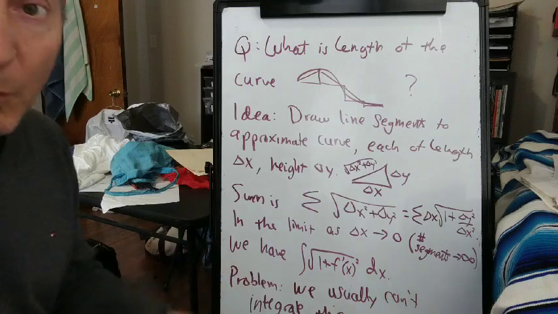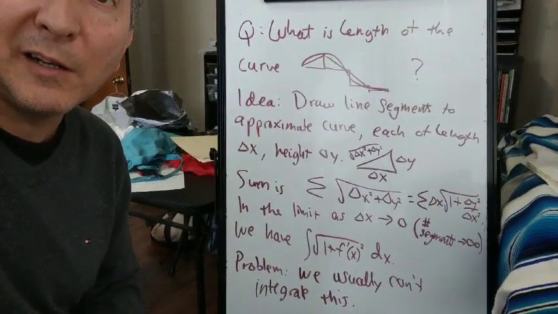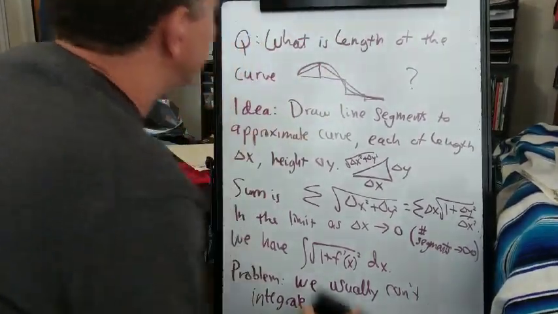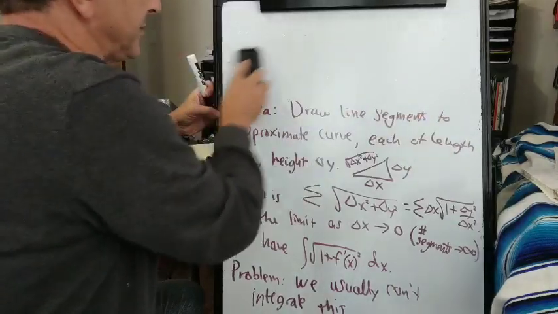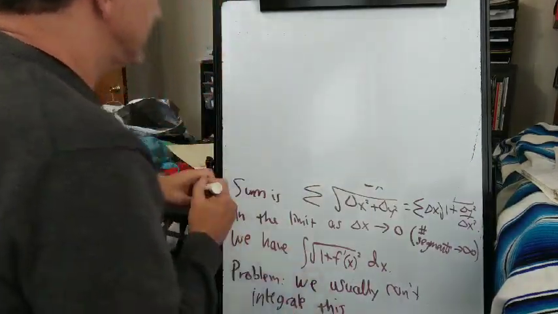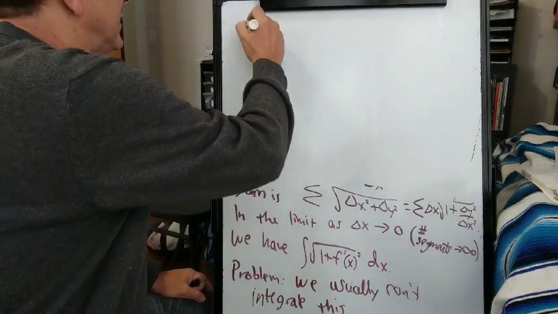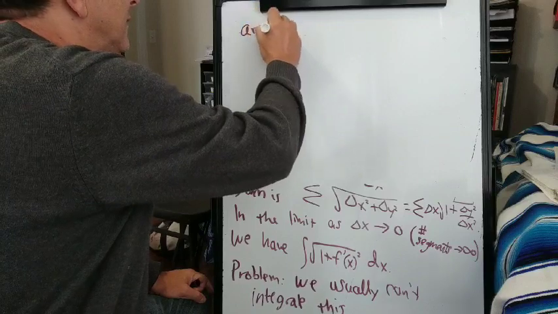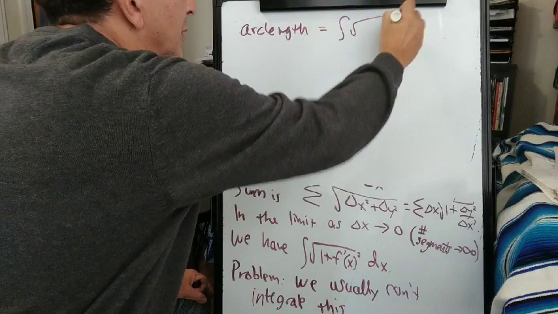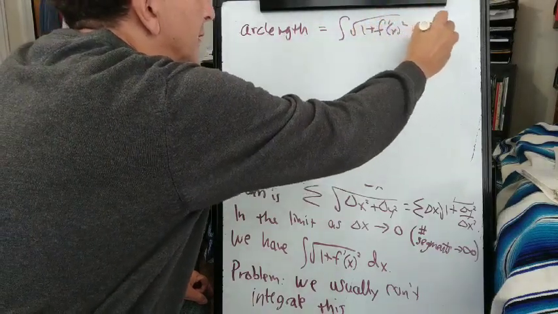But as an example, let's start with one that we can do. Let me put this formula on top. So it's the integral of the square root of 1 plus derivative squared dx.